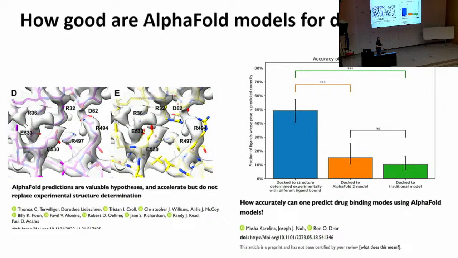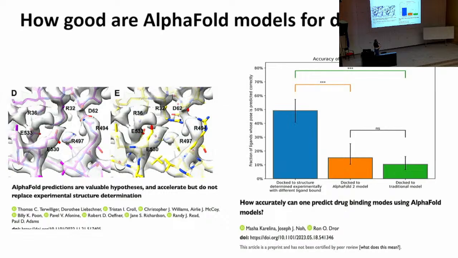Basically, quite quickly it became familiar that the success of redocking the molecules into the AlphaFold structure is quite limited. Here it's really similar to the traditional model, like from homology modeling, and it was nothing stellar.